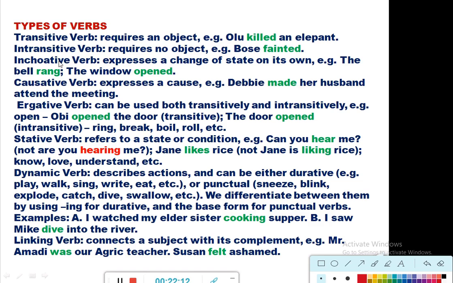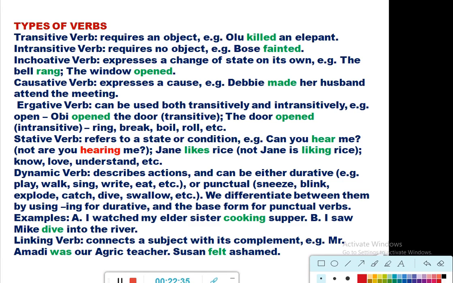Then we talk of an inchoative verb, and that is the type of verb that expresses a change of state on its own. It is similar to the intransitive verb. For example, the bell rang. The bell rang.